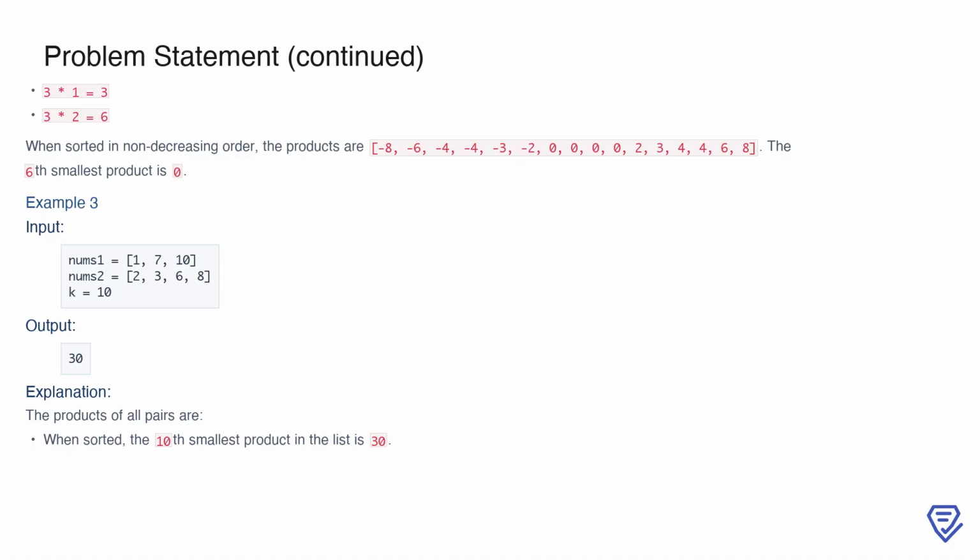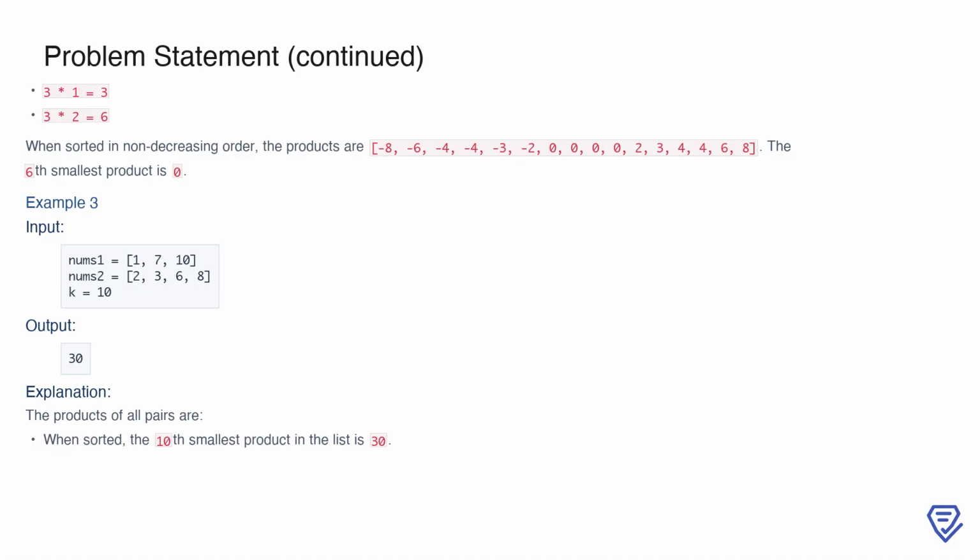Continuing from the products, we also have 3 * 1 equals 3 and 3 * 2 equals 6. When we sort all these products in non-decreasing order, the list becomes -8, -6, -4, -4, -3, -2, 0, 0, 0, 0, 2, 3, 4, 4, 6, 8. The sixth smallest product in this sorted list is 0, which matches the given output.